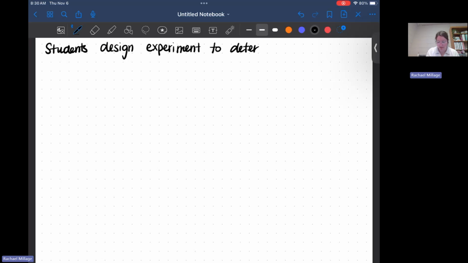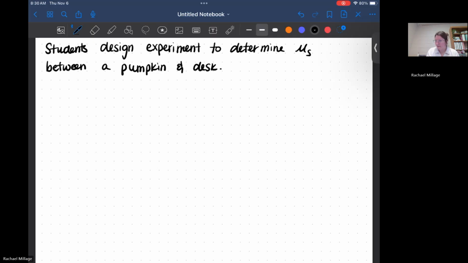I'm just going to write mu sub S. All right. And this coefficient of static friction between a pumpkin and the desk it's sitting on.